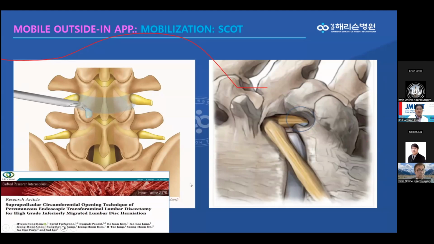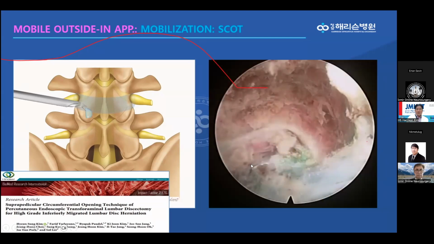You can see here my technique of circumferential opening of this suprapedicular notch area. In highly inferior migrated cases, exposing the suprapedicular notch and opening this area will be the most important step. Sometimes only a pediculotomy is sufficient.